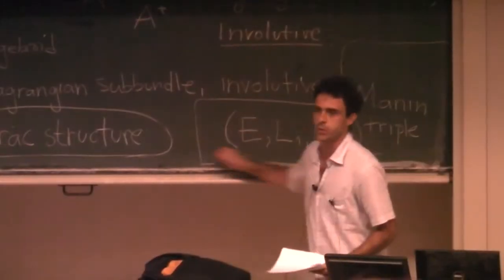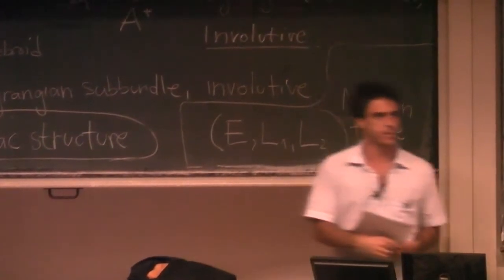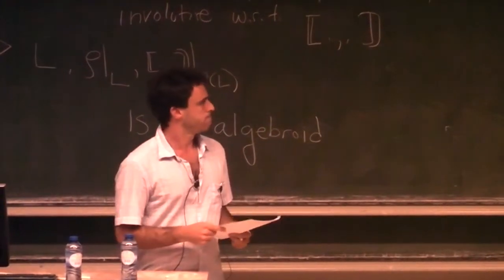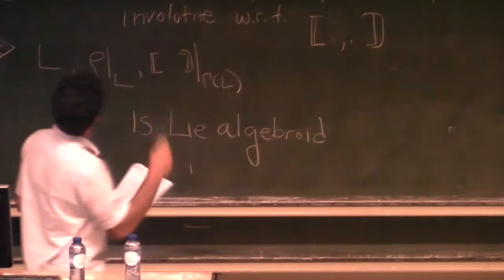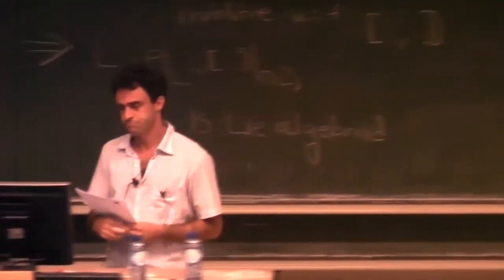So it's implicit that if you have a Manin triple, then certainly you need this property of the pairing. The pairing is non-degenerate. Yeah, so it's a symmetric, non-degenerate pairing, a scalar product.